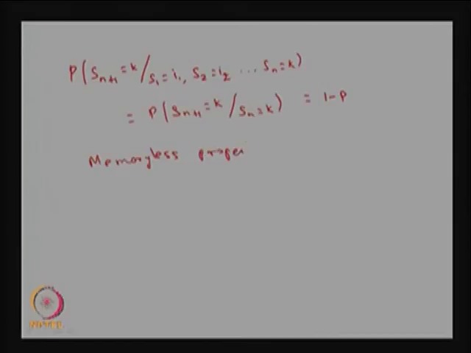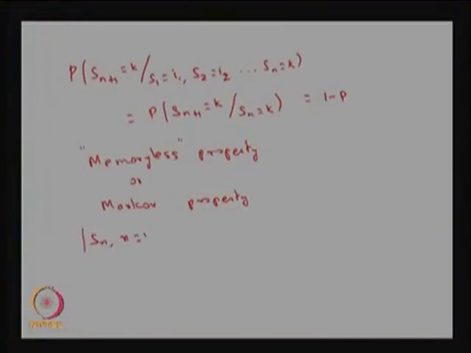The stochastic process Sn satisfies the memoryless property, or the other name, Markov property. The conditional distribution of the n plus 1th random variable, given the first, second, up to the nth random variable, is the same as that given the nth random variable only. This property is called the memoryless or Markov property.